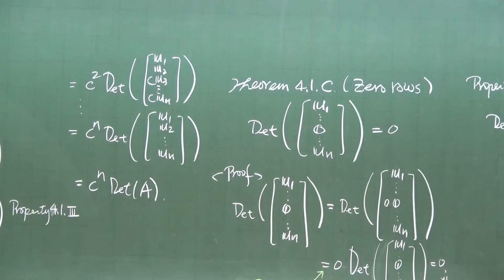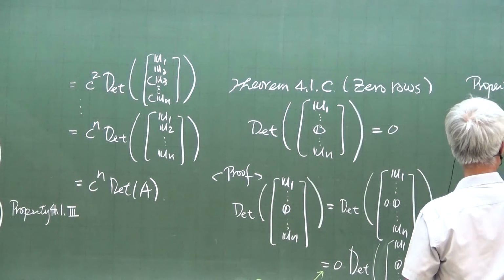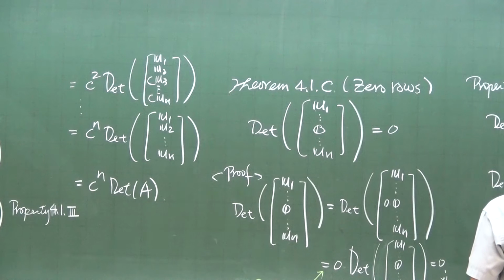So this is the upper triangular matrix. The determinant of such an upper triangular matrix is the product of its diagonal entries. And this is the same for lower triangular.